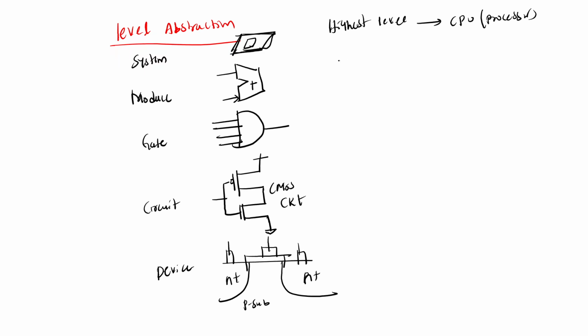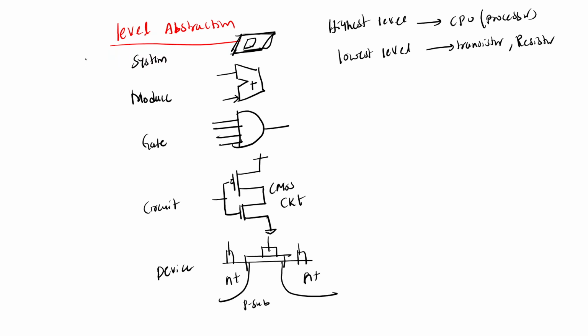What is the lowest level? The lowest level is the transistor level, consisting of transistors and resistors. So if you want to design, there are two approaches: top down and bottom up.